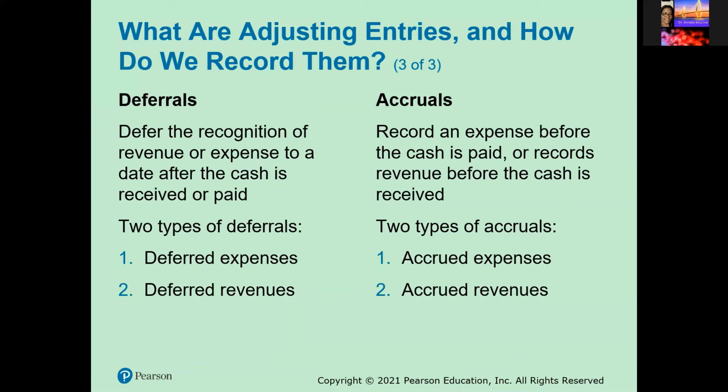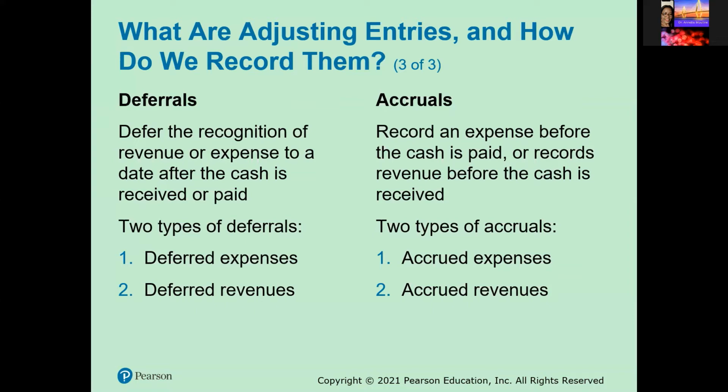Now, again, I said that there are two basic categories of adjusting entries, deferrals and accruals. In a deferral adjustment, the cash payment occurs before an expense is incurred, or the cash receipt occurs before the revenue is earned.